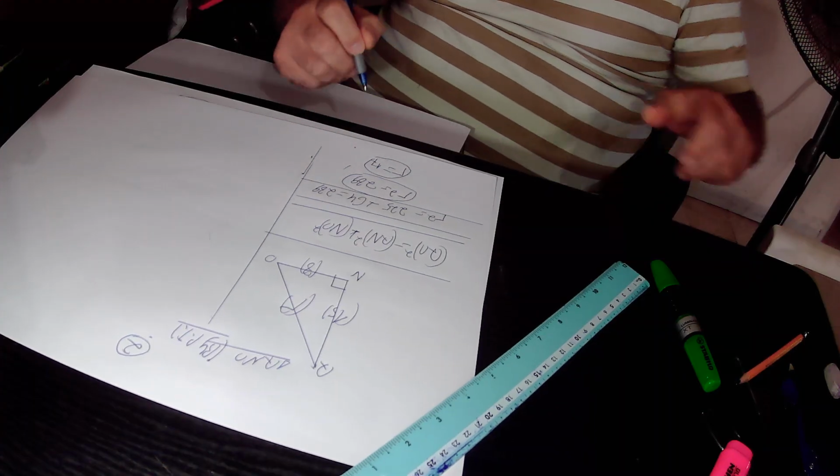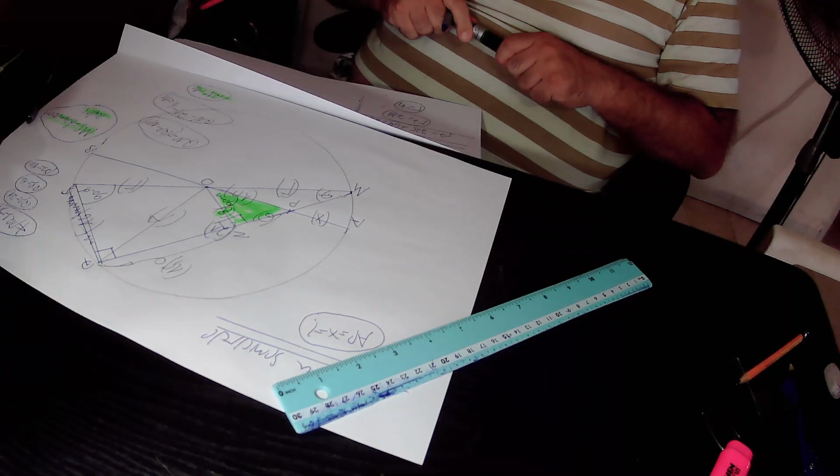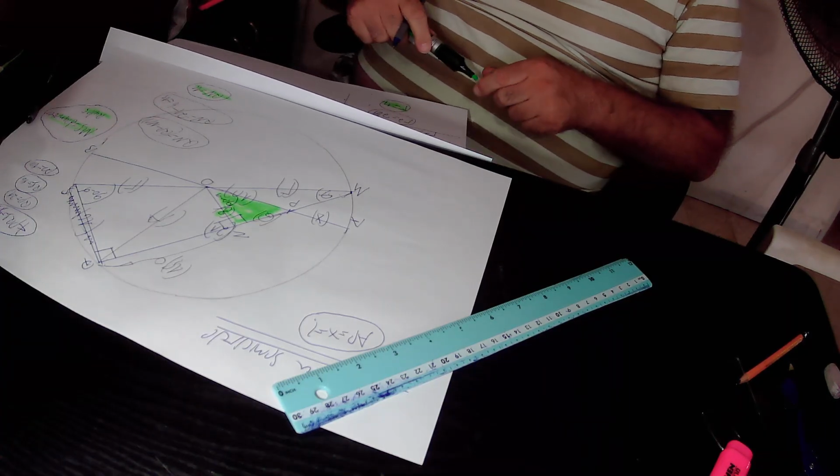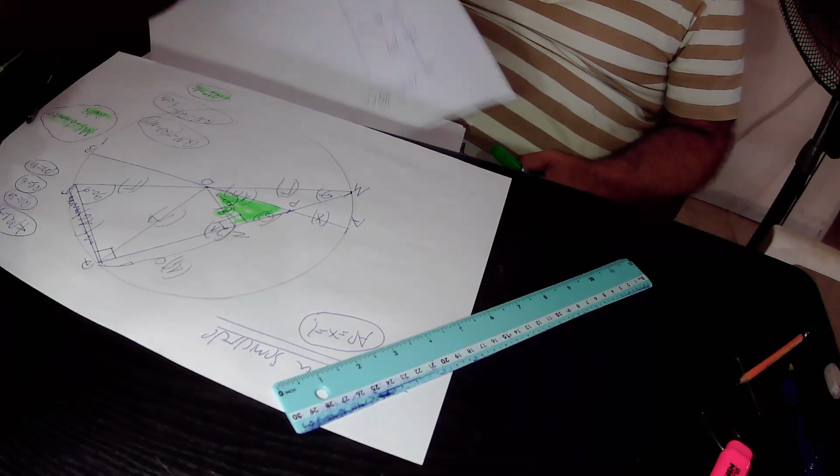So the radius of this circle is equal to 17 units in length.